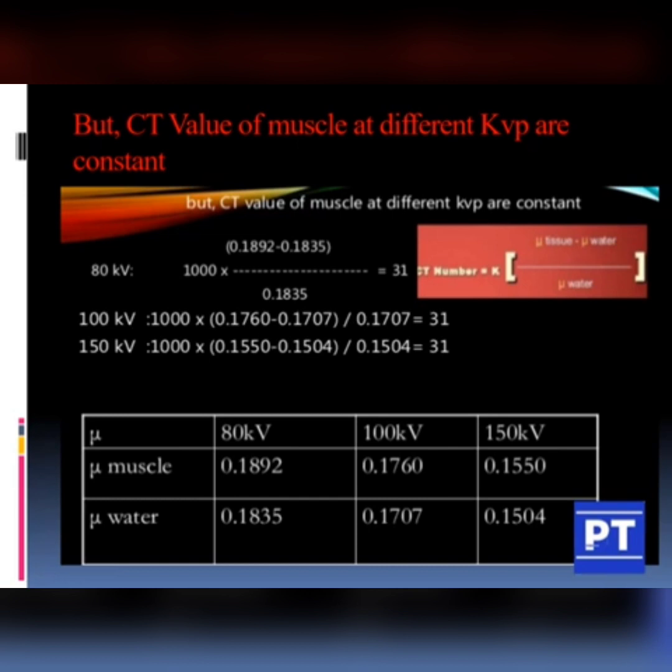When we calculate at 80 kV with that CT number equation, we get 31. At 100 kV we also get 31, and at 150 kV we also get a CT number of 31. So in the case of muscle it is constant. Even while we vary the kVp, the CT number of muscle remains constant, while other tissues will vary. You can calculate that from this equation.